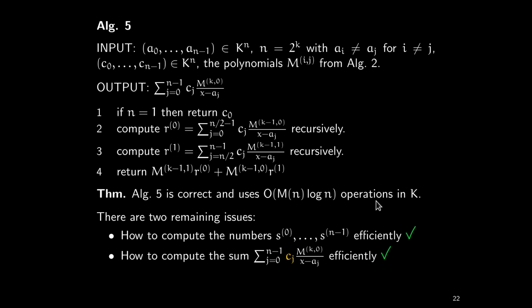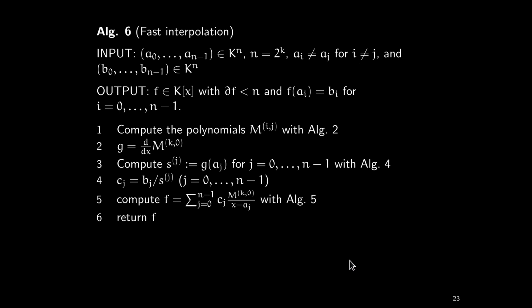And then we are done with this part, and we just have to plug things together and get the following fast interpolation algorithm. The interpolation algorithm now takes only the evaluation points and the desired values at these points as input. We assume again n as a power of 2.